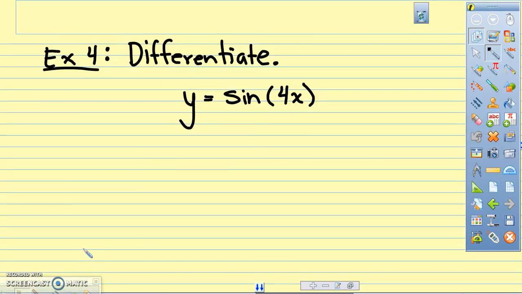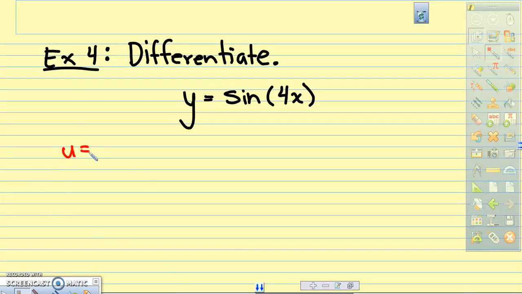Let's try one more. Now, y equals sine of 4x. So, pause the video, think about what you will let u equal. So what's u going to equal?